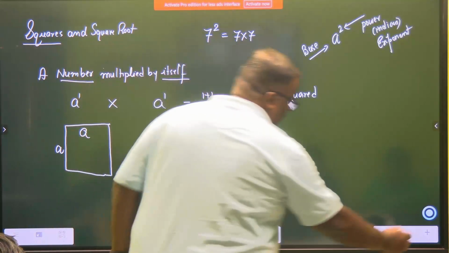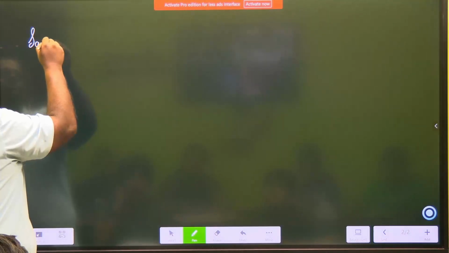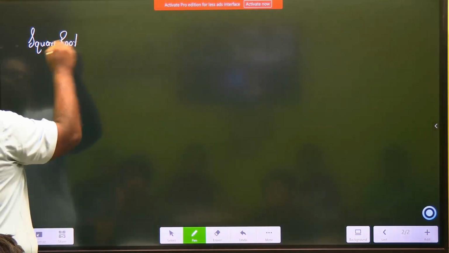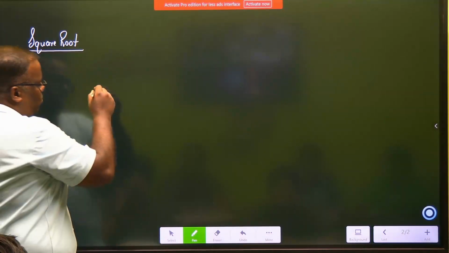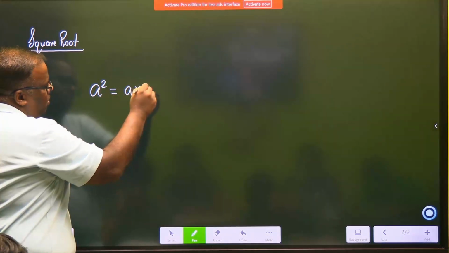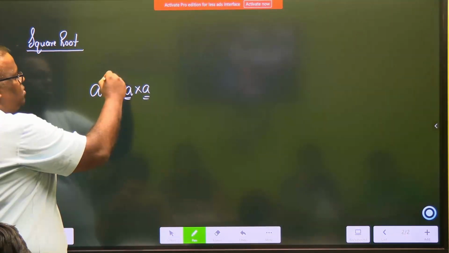Knowing this, next we will learn our next job in this chapter, to understand the concept of square root. Square root. Now, since you have understood what is a square, you understand that a square is nothing but a multiplied by a. That means the same number is getting multiplied how many times? 2 times.